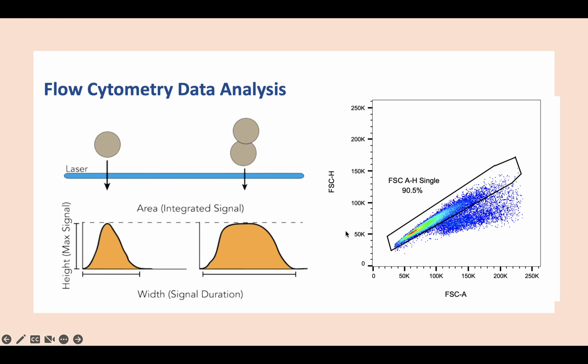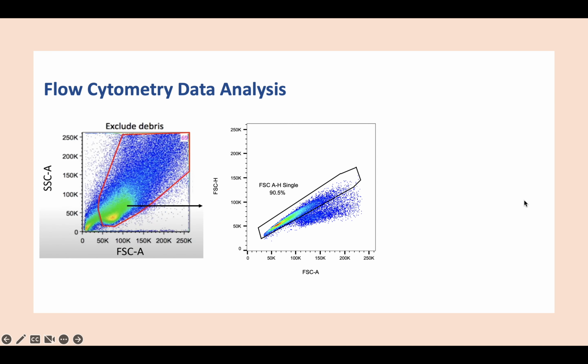The reason is that a single cell is going to have a smaller area as compared to the doublets, where doublets will have a larger area. Here we're gating for only single cells, and the population over here are the doublets that we are excluding. Okay, so now we have excluded debris and gated for single cells.